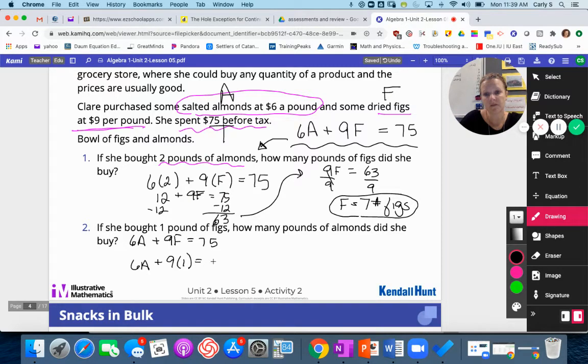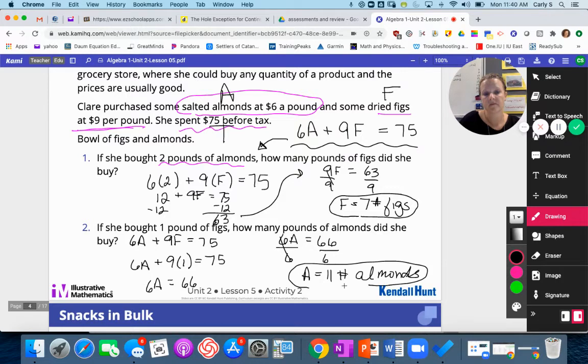So I'm just substituting here. 6a equals 66. So I'm solving for a. a equals 11 pounds of almonds. Cool?